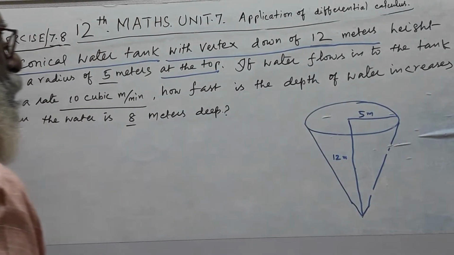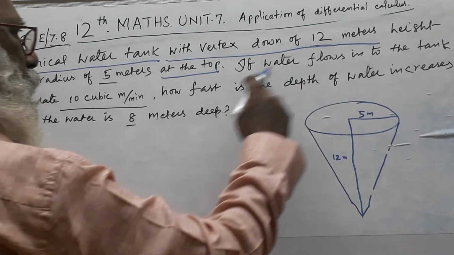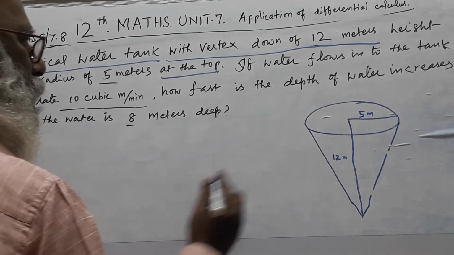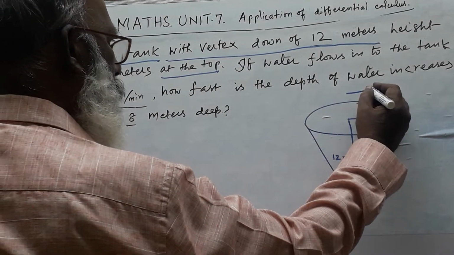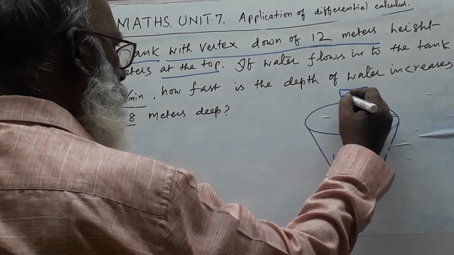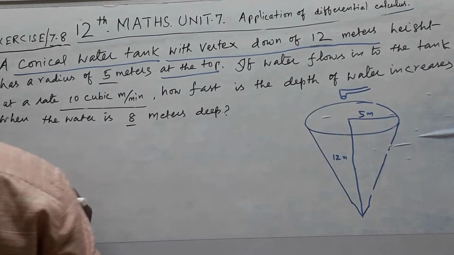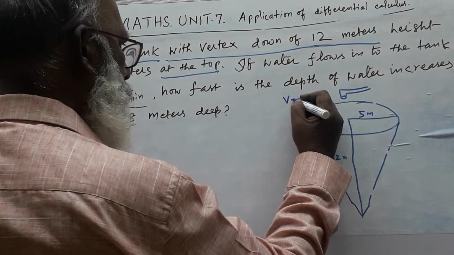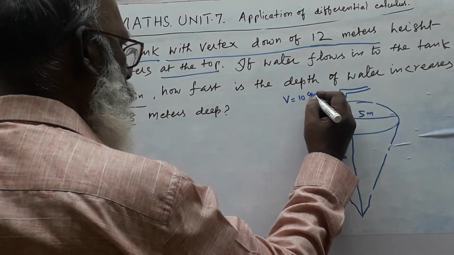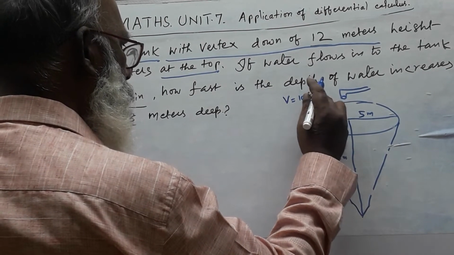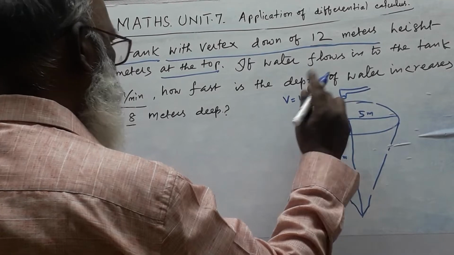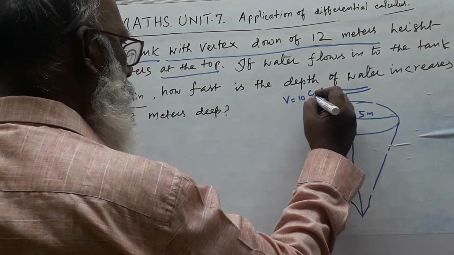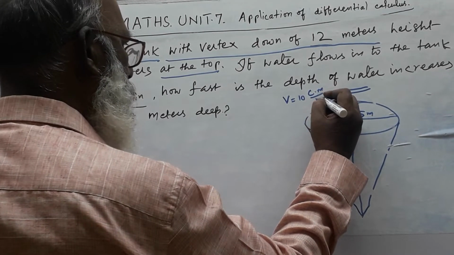Now, if water flows into the tank at the rate of 10 cubic meters per minute, suppose you allow the water to flow through a pipe, that is volume, 10 cubic meters per minute, not second, minute.